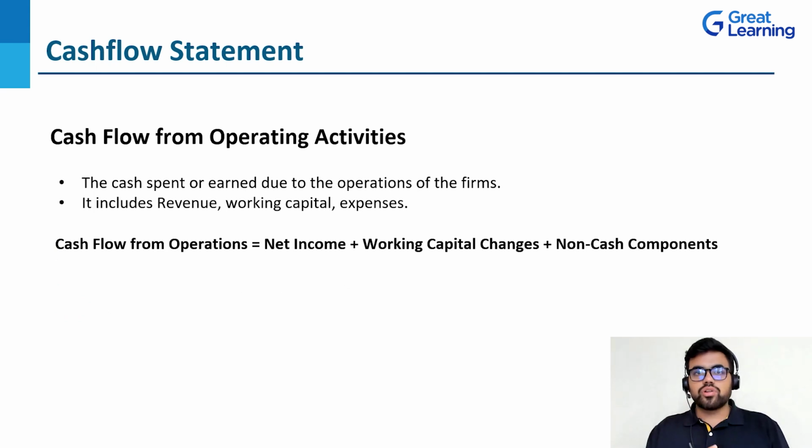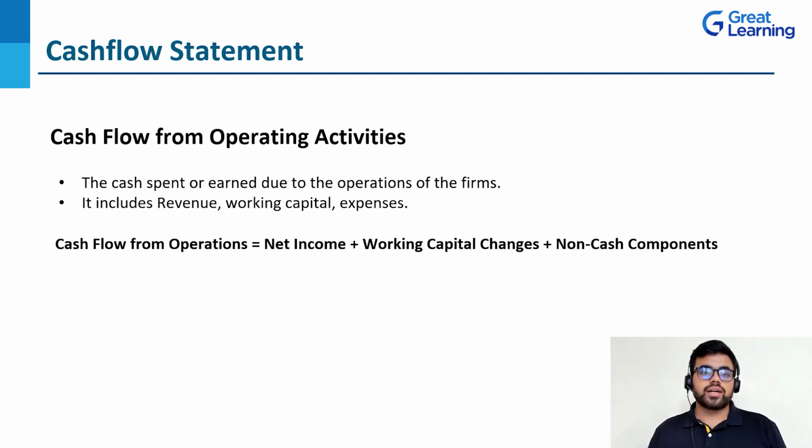Cash flow from operational activities tells us about the cash that is spent or earned in the operations of that particular firm or business entity. These operations are the core of what the company stands for: its main product or service, how much cost has been incurred, how much revenue it has gained.